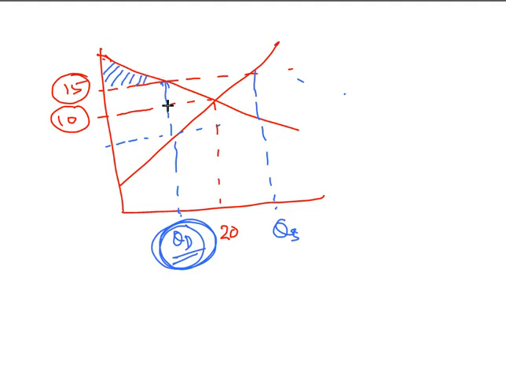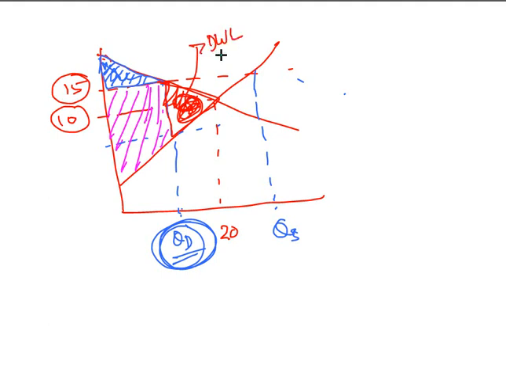As a result, their consumer surplus will be only this area. And since the producers are charging a higher price, they are able to capture more, and this is your producer surplus. Because this is the quantity being demanded or consumed, what you are left with is this area, where there is a loss in the economy. So this is your deadweight loss area.